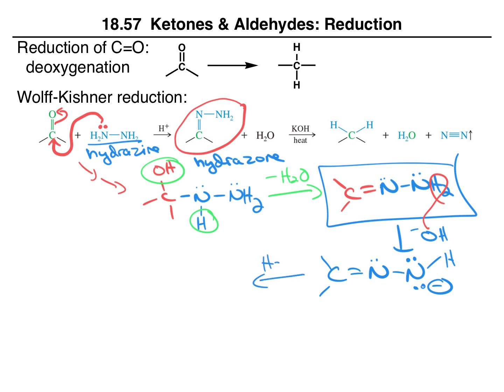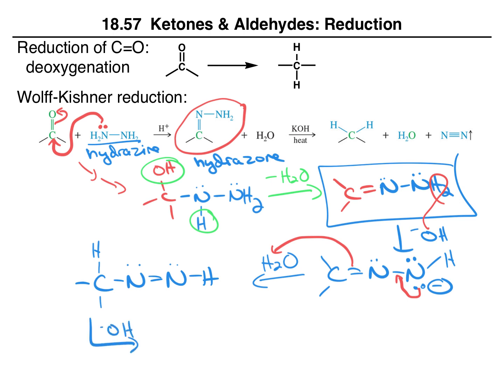This can react with water, where these electrons can come in here, pushing these electrons out here to grab a proton, and that gives us this intermediate. So notice the double bond has moved from carbon-nitrogen to nitrogen-nitrogen.